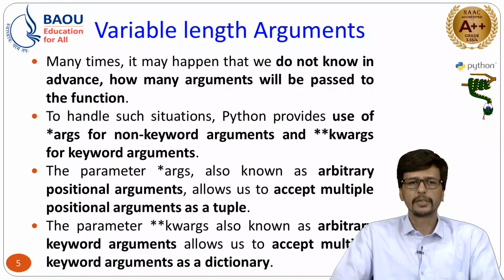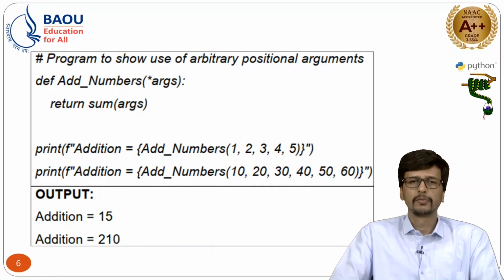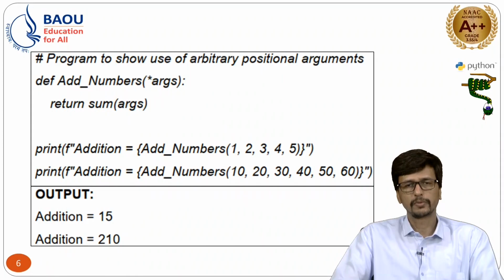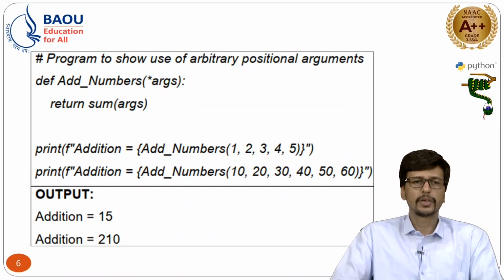So, it will take arbitrary keyword arguments and accept multiple keyword arguments as a dictionary. We will see one demonstration with a program. Here you can see add_numbers, that is our function name, *args. args is only the variable name, it is not fixed to use this variable name. You can use any valid identifier here.